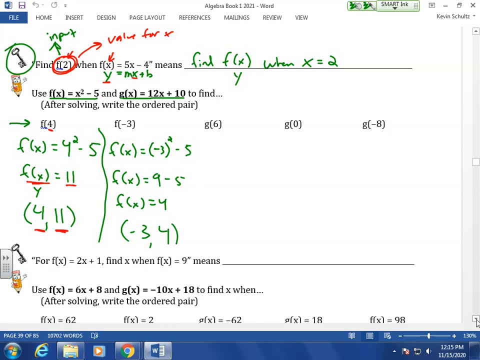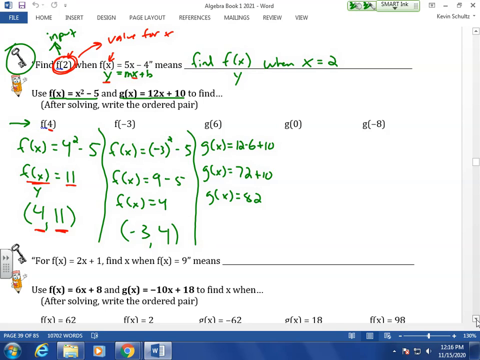Okay. g of 6. Now we're switching to the g equation here, which is g of x equals 12 times 6, just replace that x with 6, plus 10. g of x equals 72. 12 times 6 is 72, plus 10. g of x equals 82.